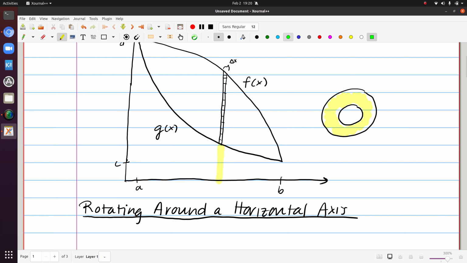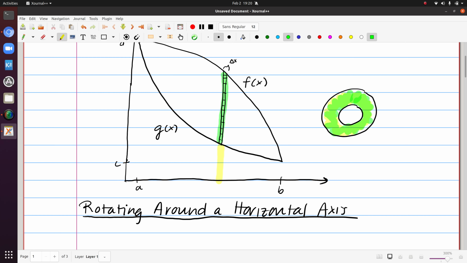Let me use a different color, just to avoid the yellow I used for the gap. So that part would come from this, and the empty hole in the middle comes from what I've highlighted in yellow here, that gap.